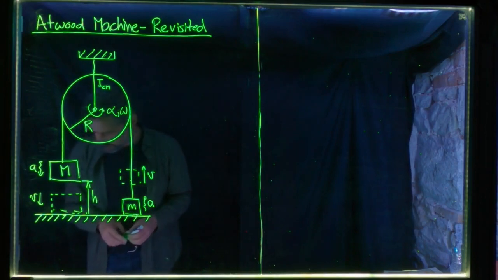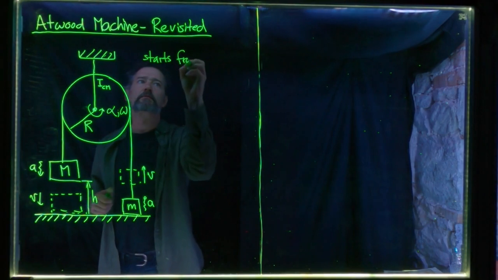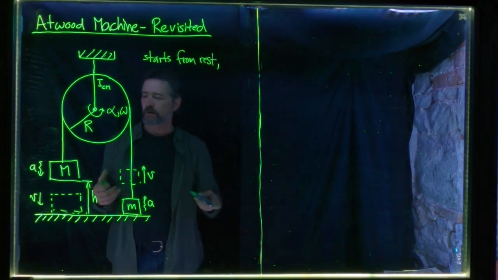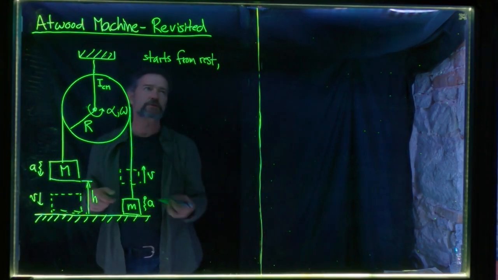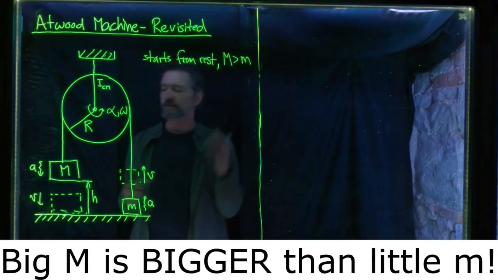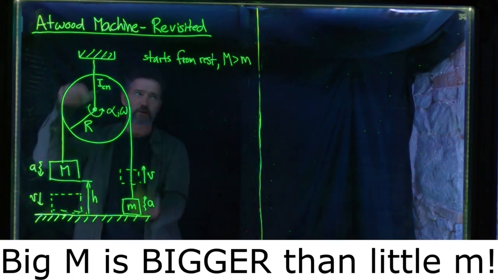Okay, so what else? Let's just say the machine starts from rest. That's one assumption. So all of the velocities, the linear velocities and the angular velocity, are initially 0, and we'll assume that big M is greater than little m, so that when we release it, it's big M that accelerates down, and little m accelerates up instead of the other way around.